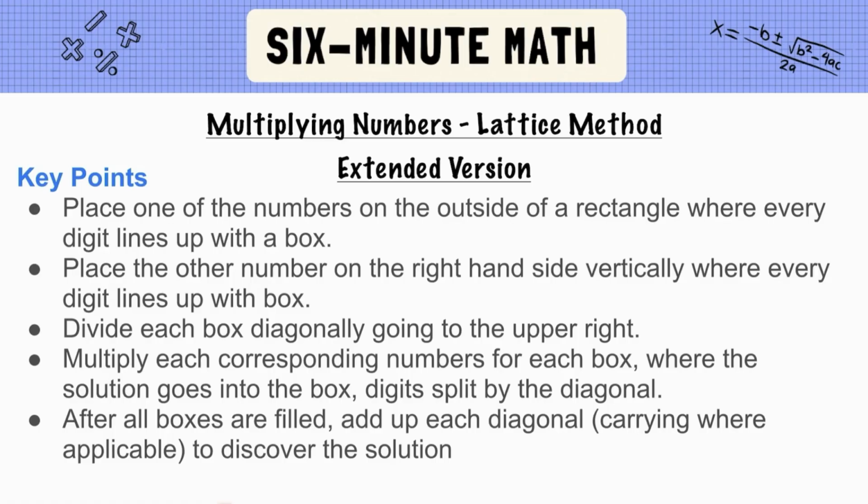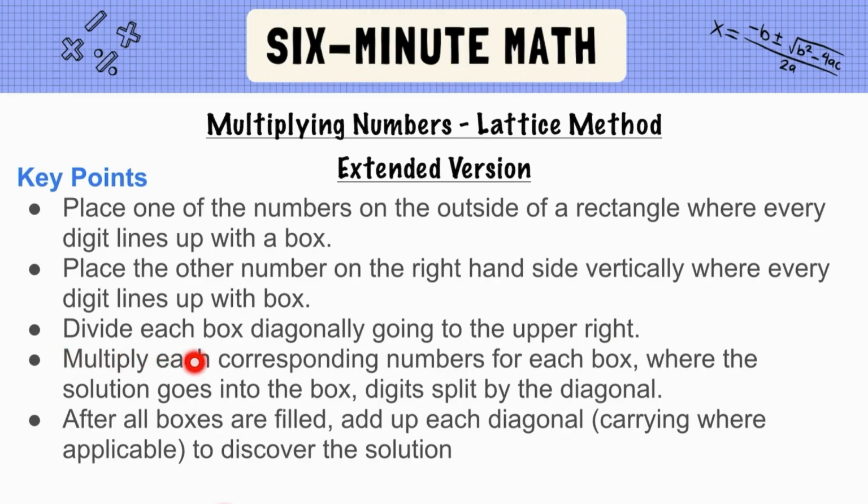To use our lattice method, we are going to place one of the numbers on the outside of a rectangle, lining up the digits within our boxes. We're going to place the other number on the right-hand side vertically, where again every digit lines up with the box. We're going to divide each of these boxes diagonally, going to the upper right.